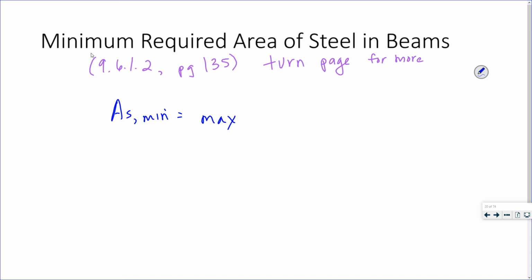If AS provided at every section is at least 1/3 greater than you need. Okay.